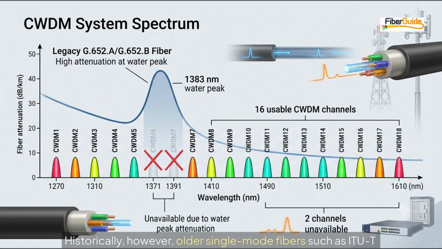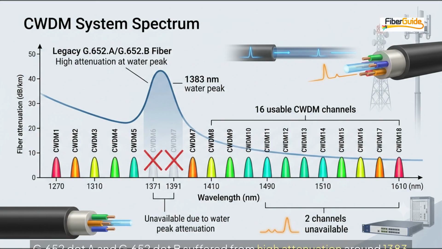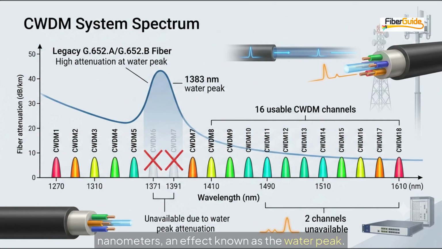Historically, however, older single-mode fibers such as ITU-T G652.A and G652.B suffered from high attenuation around 1383 nanometers, an effect known as the water peak. As a result, only 16 of the 18 wavelengths could be used reliably.